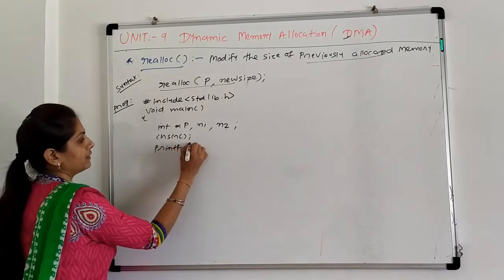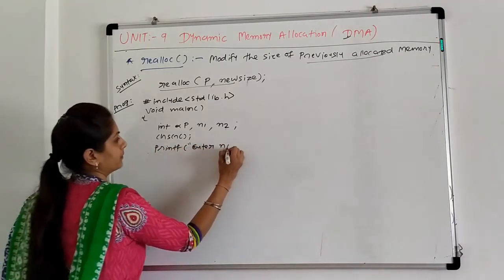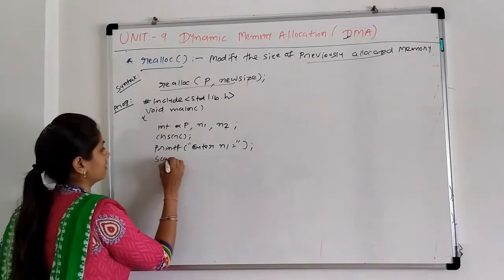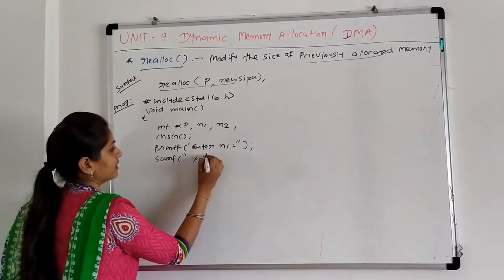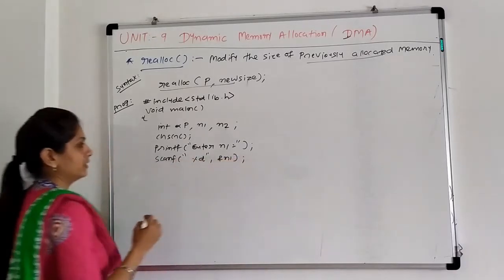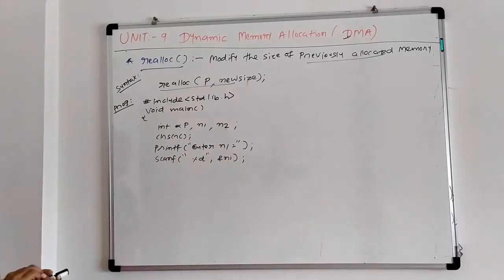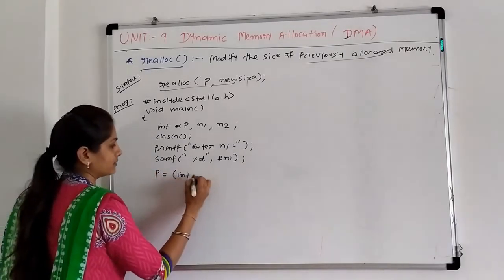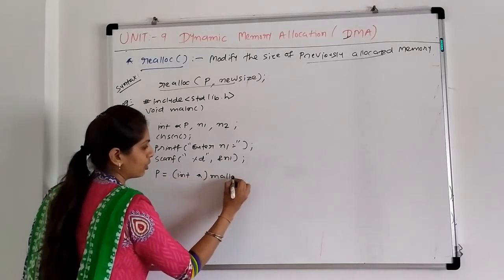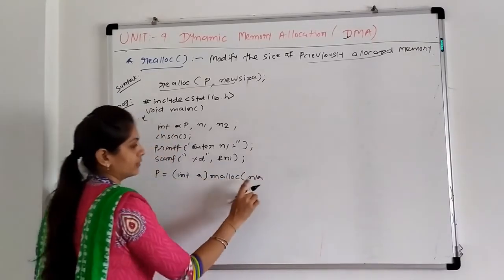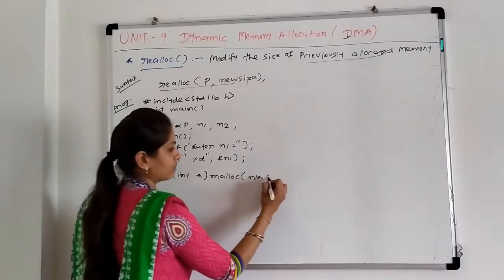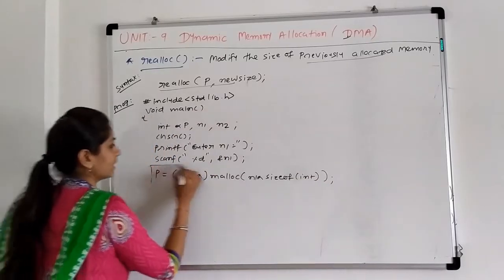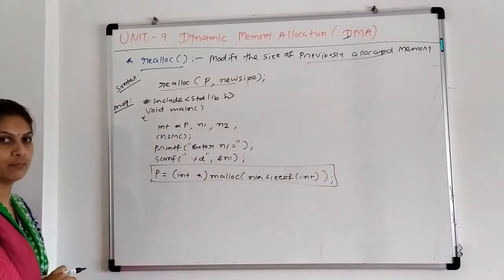printf enter n1. n1 is the old size, the previously allocated memory size. scanf %d, &n1. Now allocate memory with a malloc function. So the syntax is p equals (int *) malloc(n1 * sizeof(int)). Using the malloc function we are allocating memory.